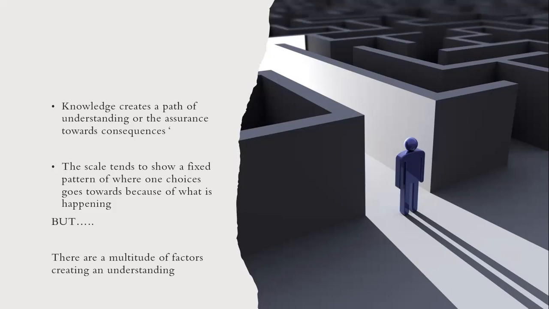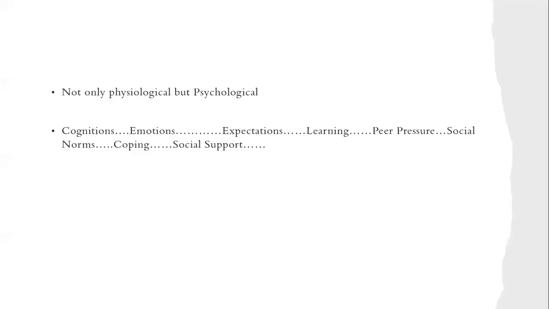There are cognitions. Your book talks about emotions. This is where the rubber meets the road with psychology, my friends. It's not always physiological, but a lot of it is psychological as well.